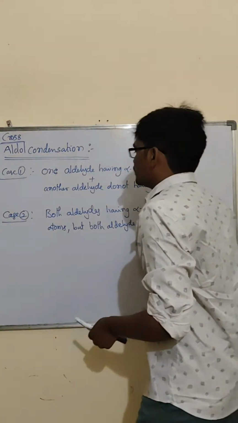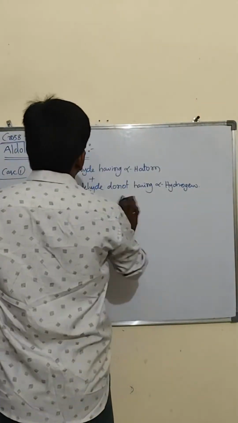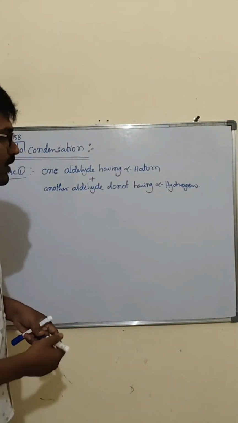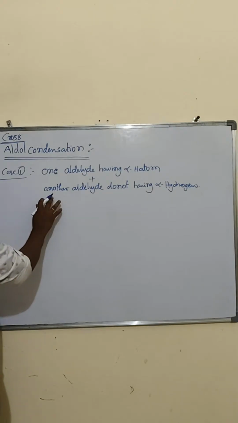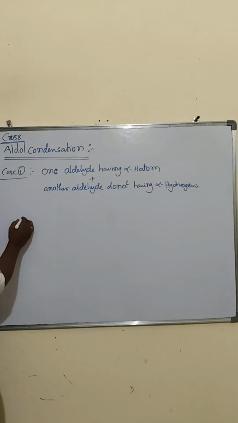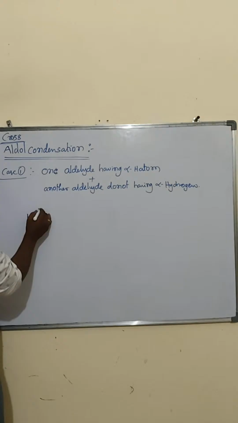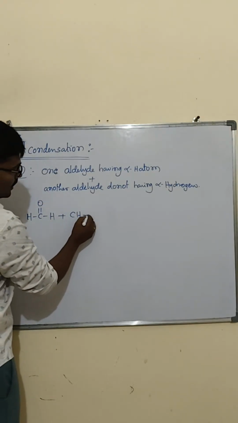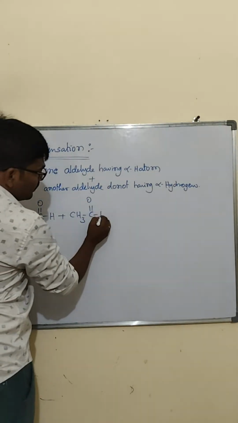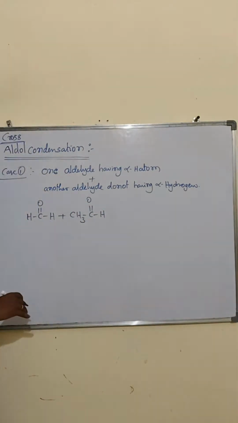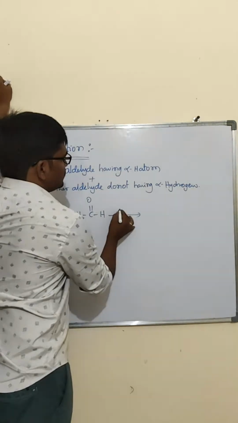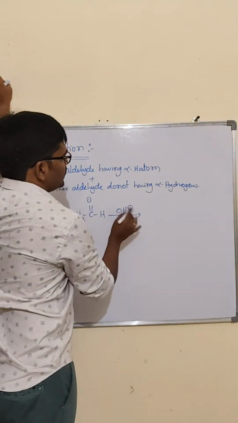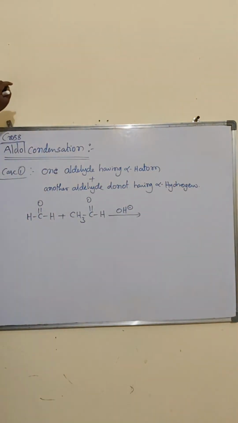So look at the first case. Case number one: one aldehyde has alpha hydrogen atoms and one does not. Say HCHO does not have alpha hydrogen atoms, then CH3 C double bond OH has alpha hydrogen atoms. Sir, in the presence of a base it is involved in the aldol condensation.